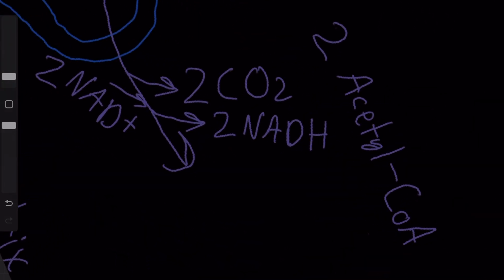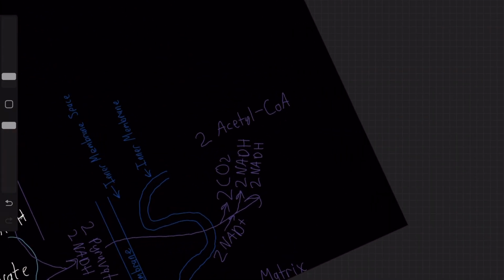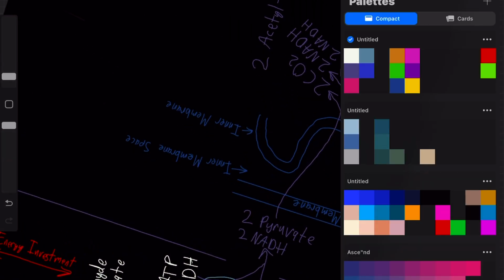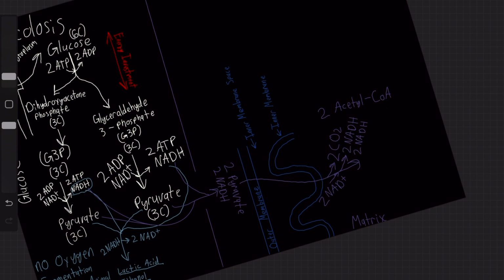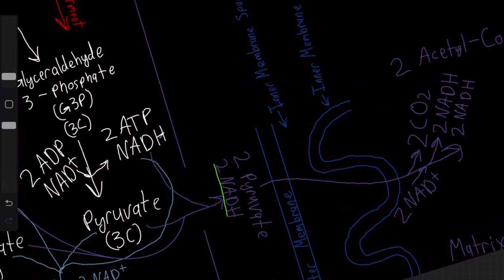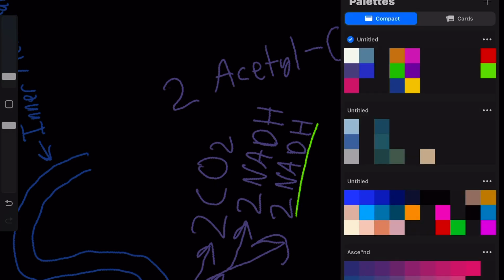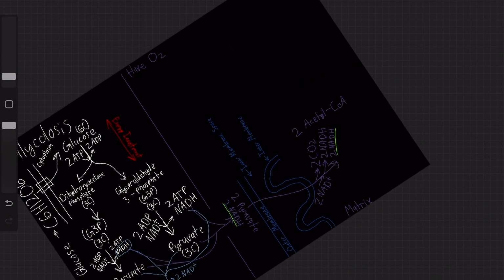So I'm going to write another 2 NADH, because these 2 NADHs came from here. So if I highlight it, these 2 NADHs are these 2 NADHs. So that's where that came from.